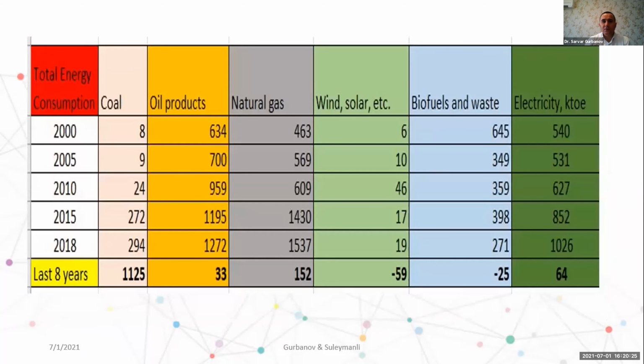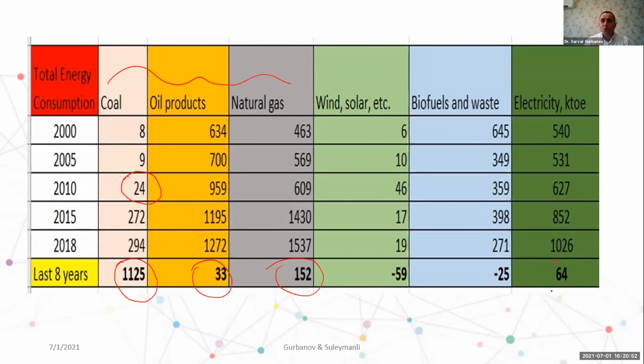And if we flip the coin and look at the total energy consumption, again it's really interesting that a country which is very rich in renewable energy is getting back to coal, oil products, and natural gas. All these fossil fuels are starting to increase very considerably.